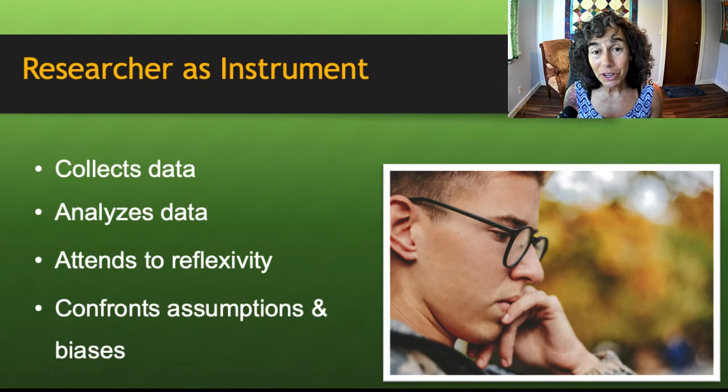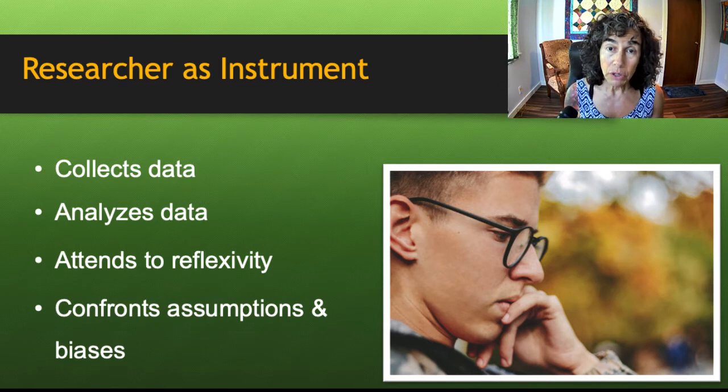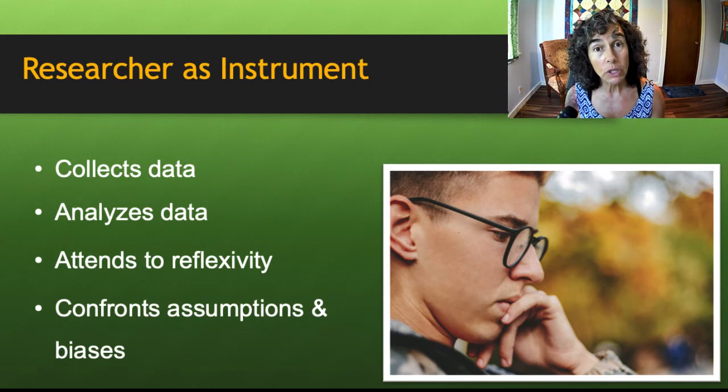The researcher as instrument. So what does that mean? So the researcher, of course, collects the data and analyzes the data, but they also do something called attend to reflexivity. So that's about acknowledging again that the researcher has a role within the research. As a qualitative researcher, I become part of the research process, and my experiences, my assumptions, my beliefs about the world and who I am will influence the research process.